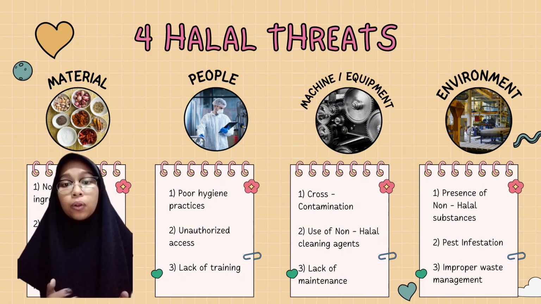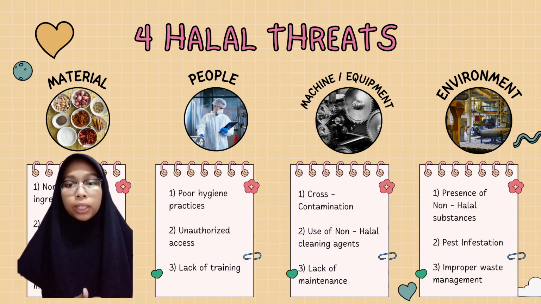Next, environment can also be halal threats when it has improper waste management. It is because it can lead to pest infestation, and it occurs when the workers did not obey the scheduling of waste management properly.